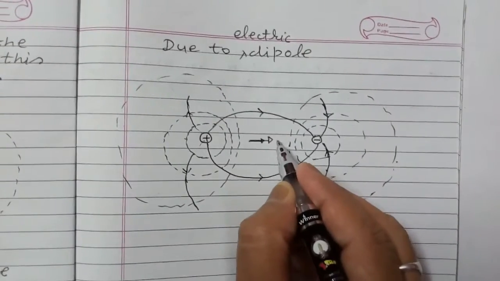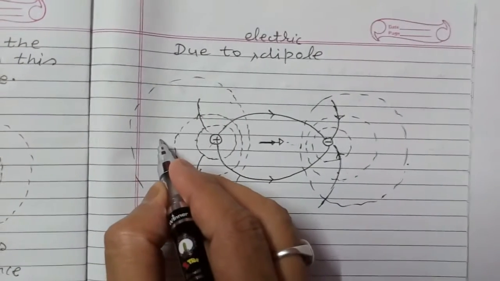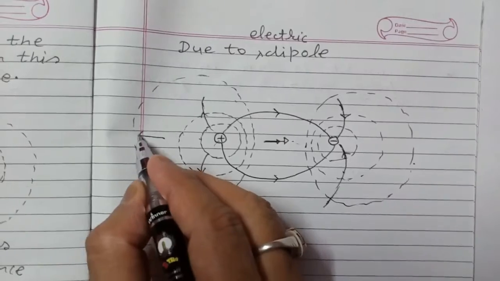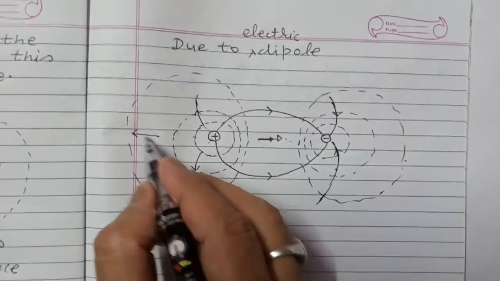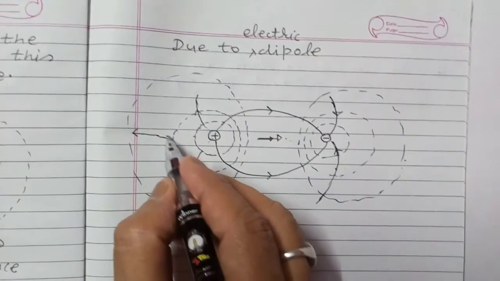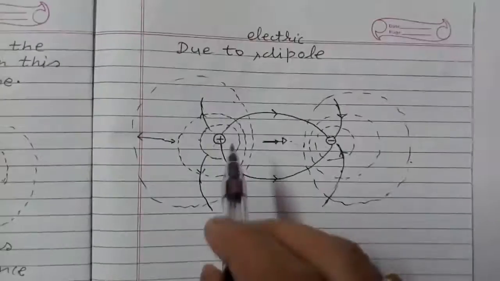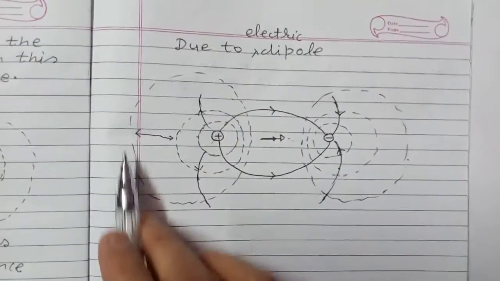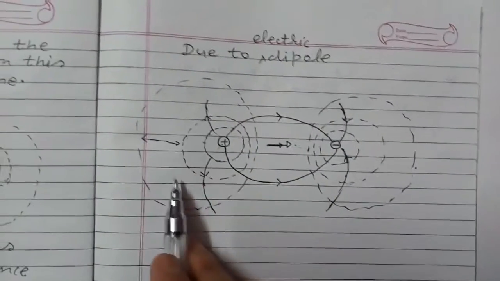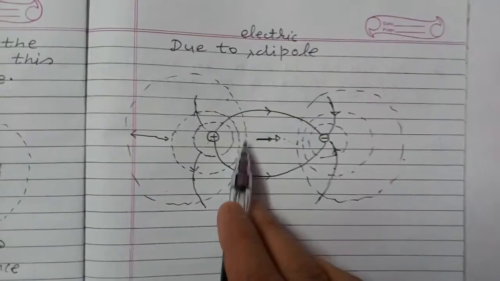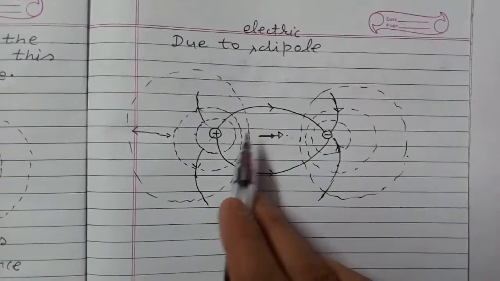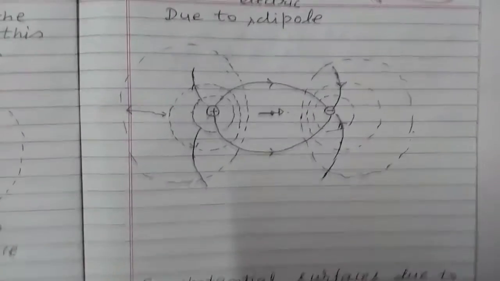So they add up. But at this point, field due to plus q charge is in this direction and field due to minus charge is opposite to this. So they subtract. So here the distance between equipotential surfaces is more, and here distance between equipotential surfaces is less.